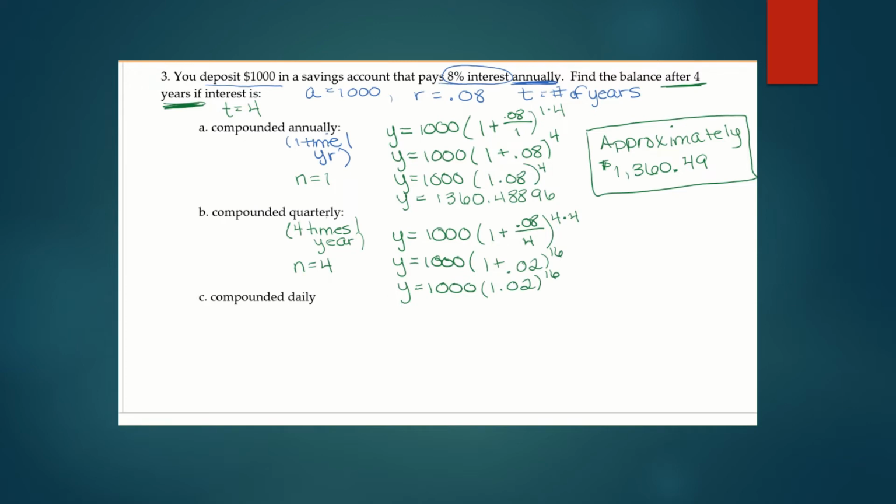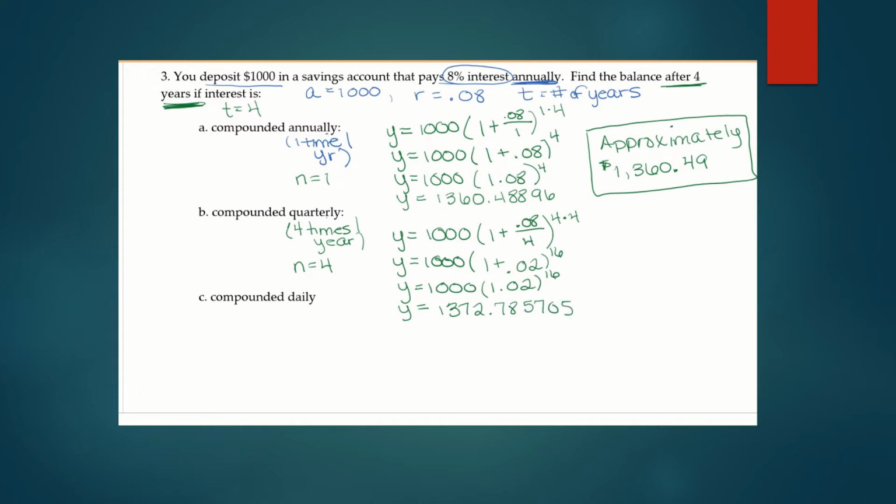Alrighty, so if we compound our interest quarterly, so we're receiving interest 4 times per year instead of just 1, here's what I have on my calculator. And again, we're going to cut this down because we're talking about money.